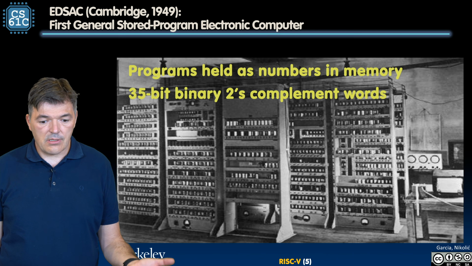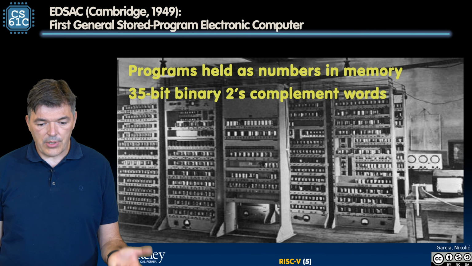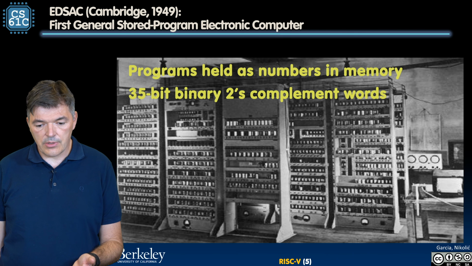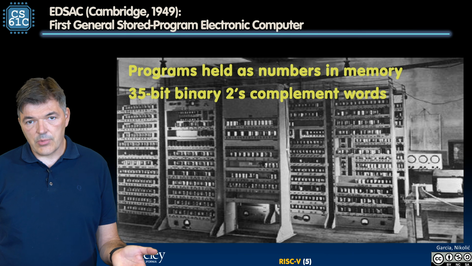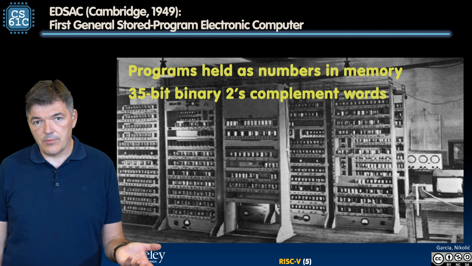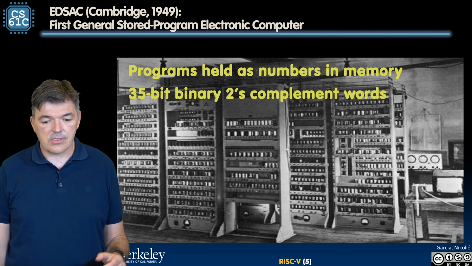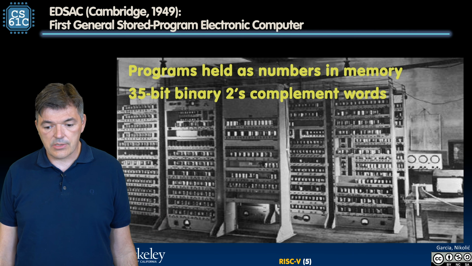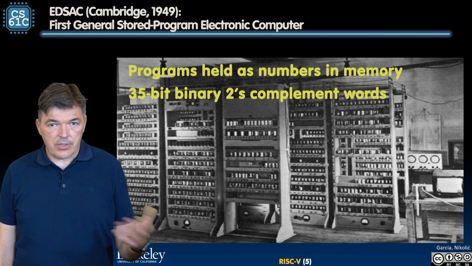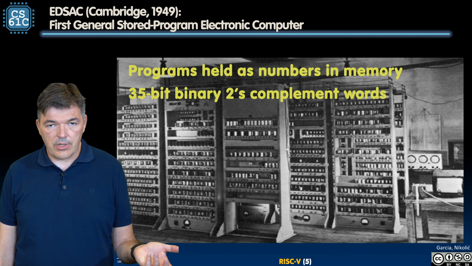The first actually general purpose stored program electronic computer was EDSAC at Cambridge, where the design was led by Maurice Wilkes, one of the early computer pioneers. All the programs were held as numbers in memory.